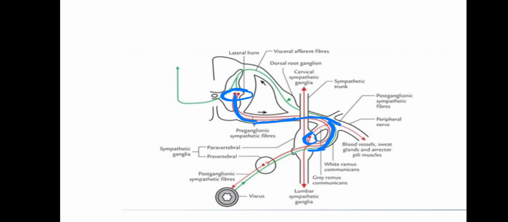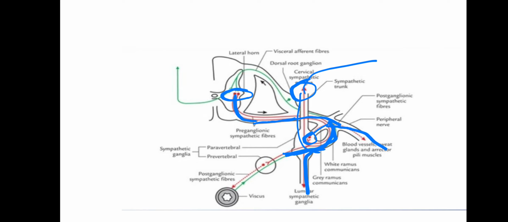Either it can get synapsed here, and the postganglionic fibers travel via the gray rami communicants and enter the spinal nerve, or it can travel above or below, the second option, and synapse in the above or below ganglia, and they can take that spinal nerve course.